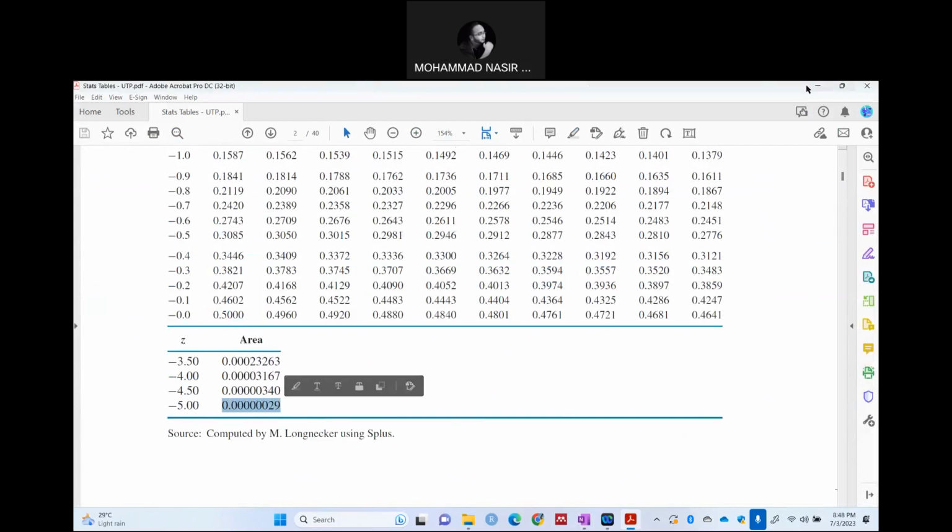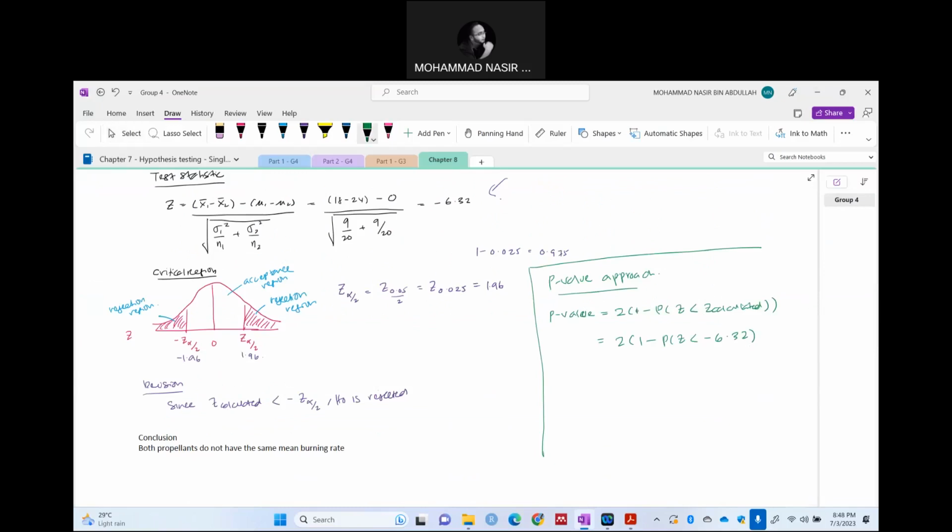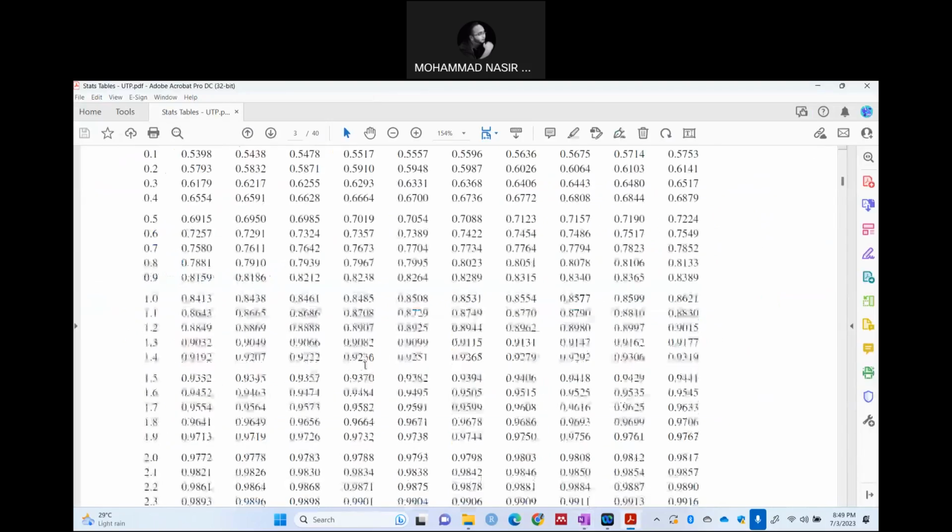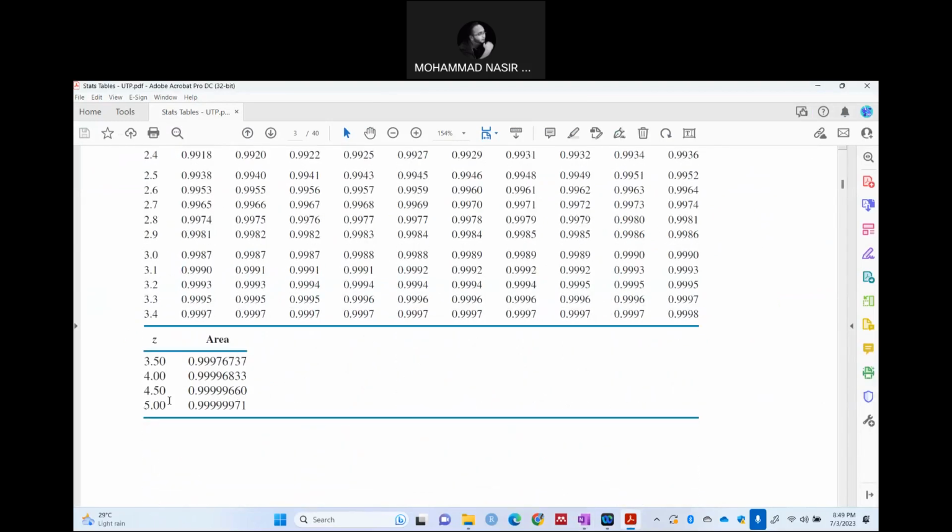Oh, sorry. This is supposed to be absolute, right? So it should be z less than 6.32, down here. So z less than 5 is near to 1, 0.99997. So for 6 we assume equal to 1.